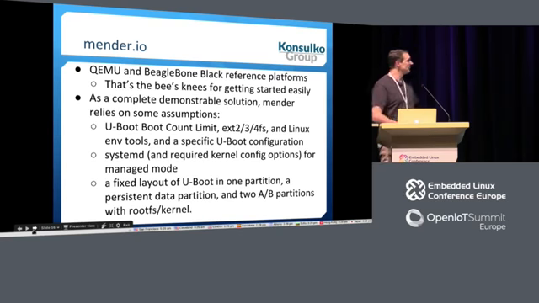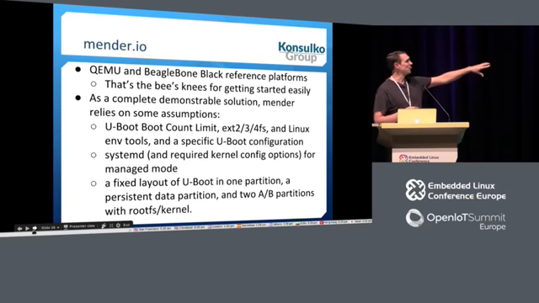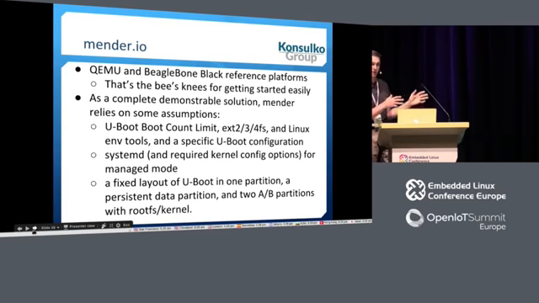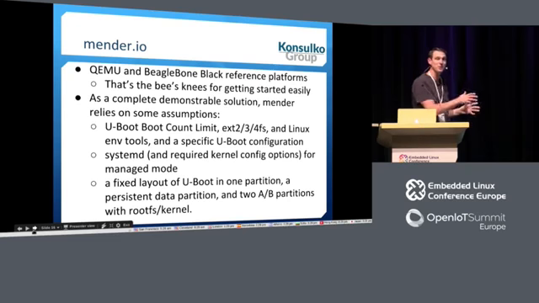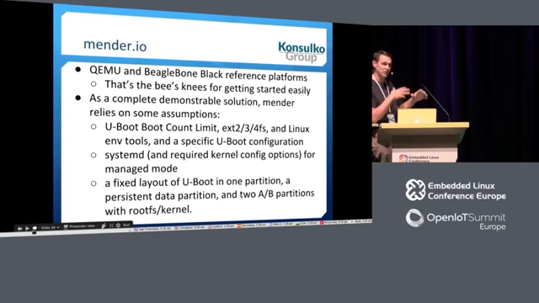And then the layout partitioning, the other assumption, there's a very fixed assumption of how the partitions are laid out, right? So you have the U-Boot in one partition, you've got a persistent data partition, and then just two A/B partitions that have both the root FS and kernel. So if you're managing something different, you're going to have to do a bit more work on top of what the reference platform implements.